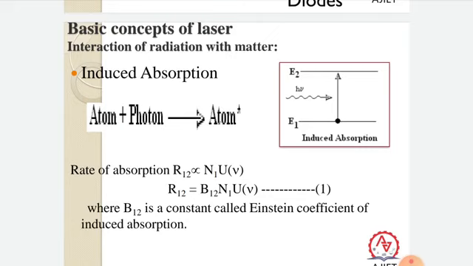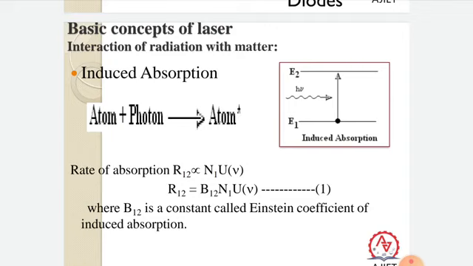According to the suggestion of Max Planck, if an electromagnetic radiation has frequency nu, it can be written as nu is equal to delta E by h. We know E is equal to h nu, so nu is equal to delta E by h, which can be written as (E2 minus E1) by h.